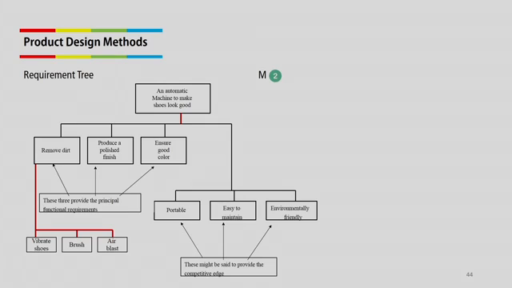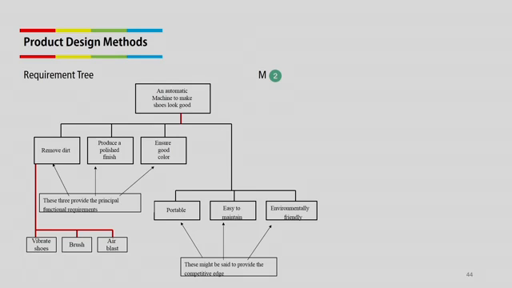So, the first three functions, remove dirt, making the shoe polished, and ensuring good color, are the functional requirements, and the fourth, fifth and sixth functions will give you a competitive edge.